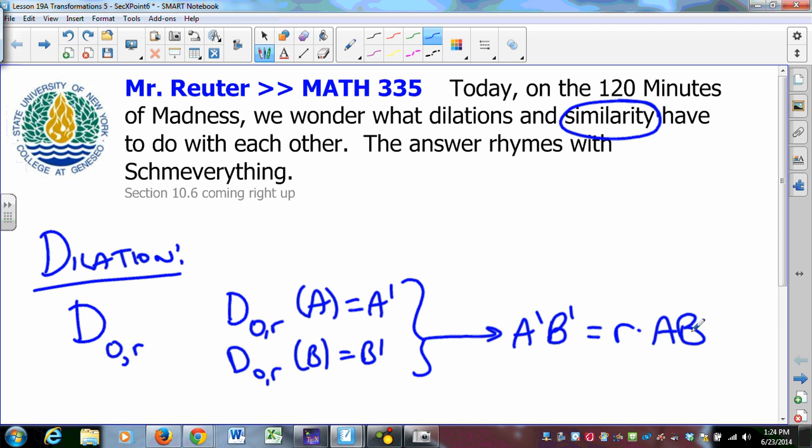It does not move. Every other point moves, and the image is R times as far from O as the original point is from O.